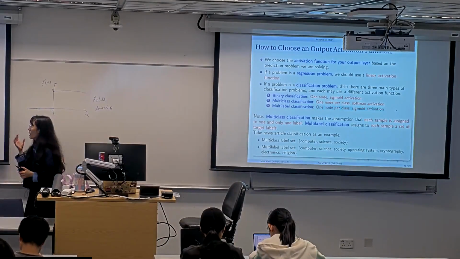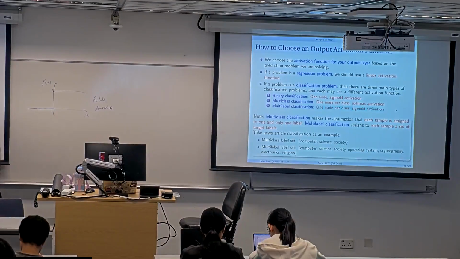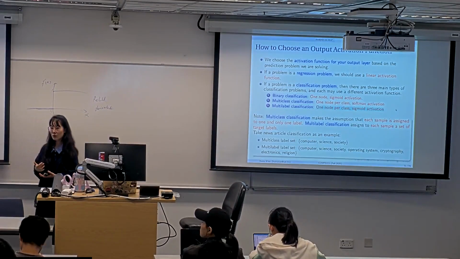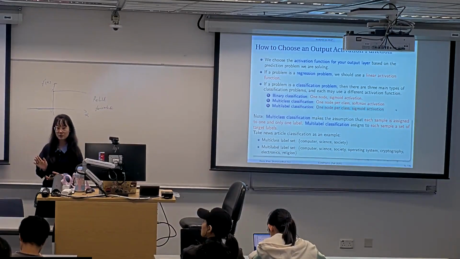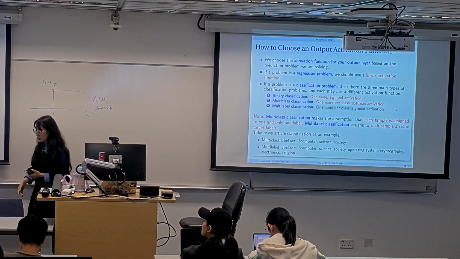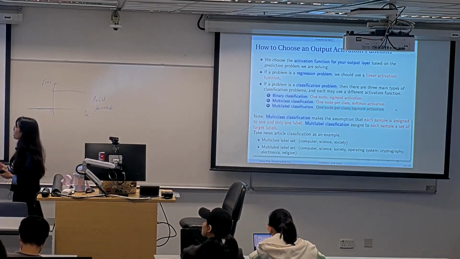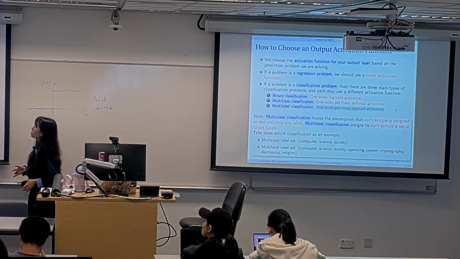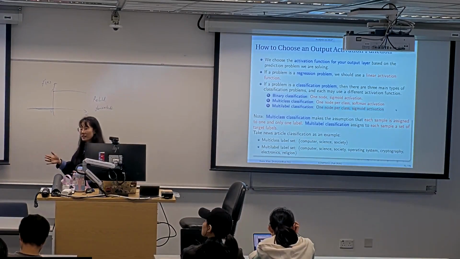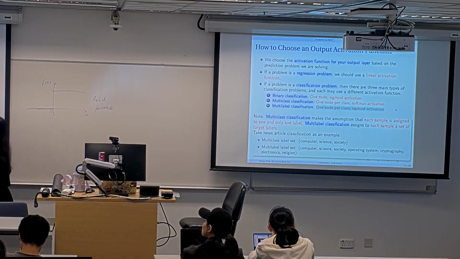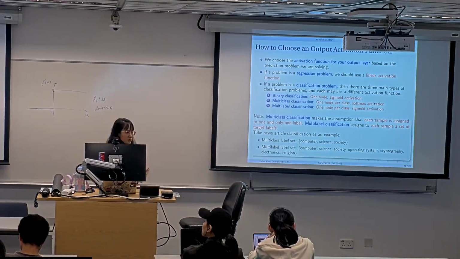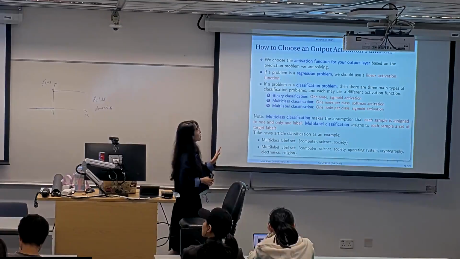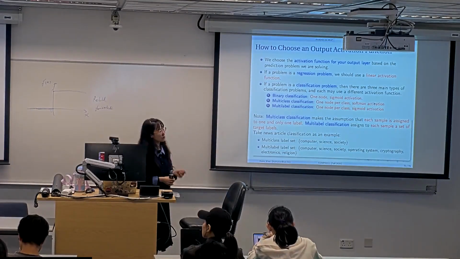That means as long as a node has larger than 0.5 probability, we will classify the data into that class label, so that it has multiple class labels. So this will be the difference. Which activation function you use and how to arrange the nodes in your output layer depends on which prediction task you are dealing with. All right, hope this will be clear to you. So any questions so far regarding how to choose the output activation function?